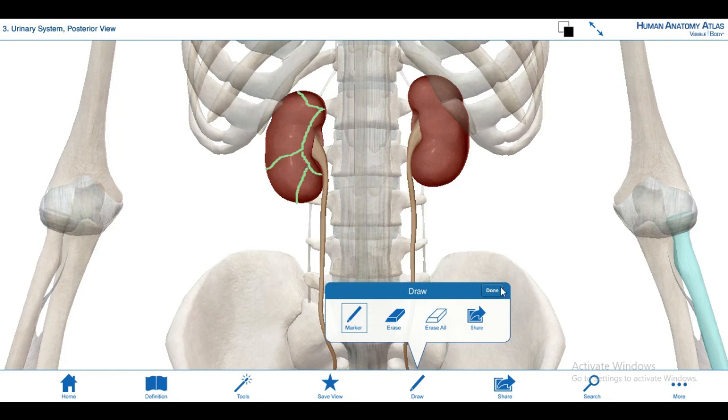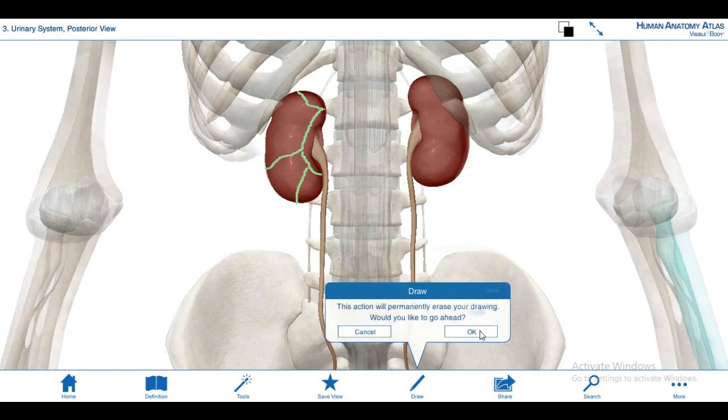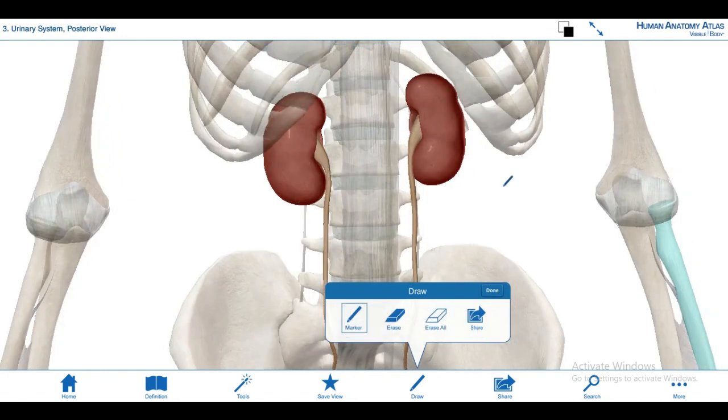Now come to the left side. Here I am removing the drawing of the right side. Now come to the left kidney. As we know that there is a gland situated at the upper pole of the kidney, so this area is for the left-sided suprarenal gland.